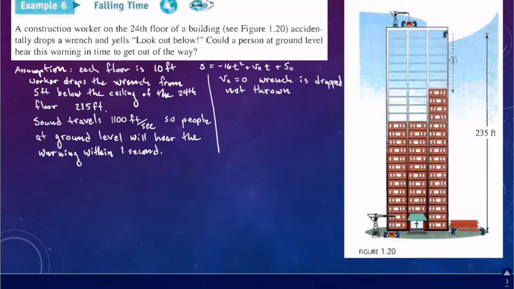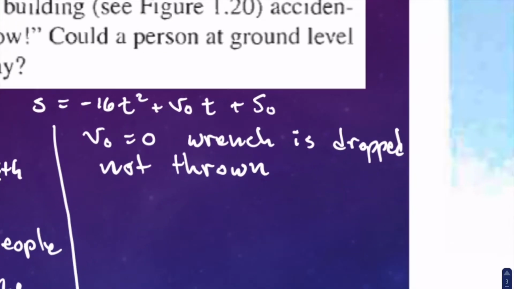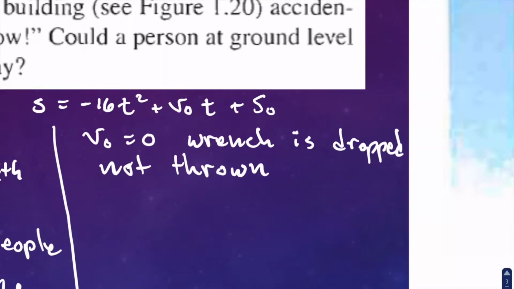So what we're going to be doing is using a position model that says S is equal to negative 16 t squared minus v sub 0 t plus s sub 0, where v sub 0 is the initial velocity of the wrench.